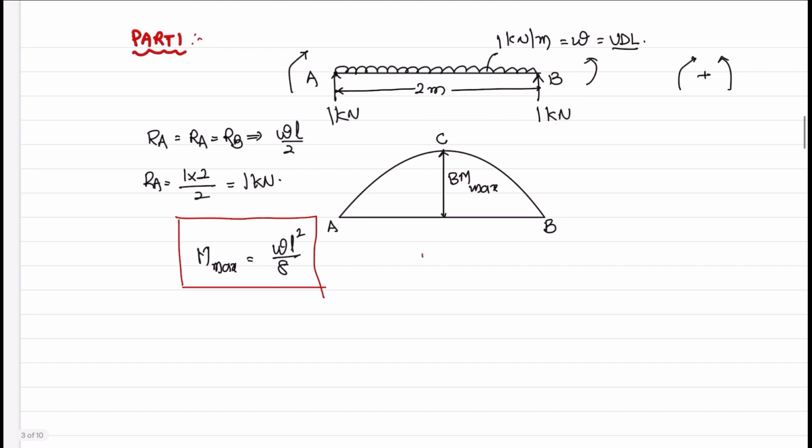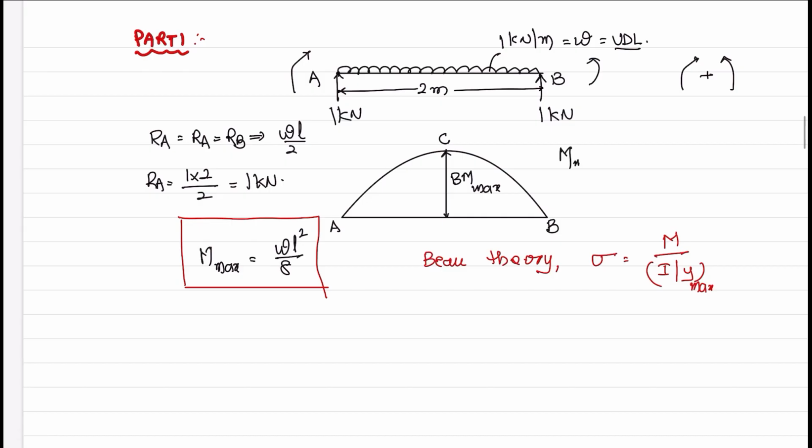From beam theory, sigma, the bending stress, is equal to M by I by Y. To calculate I by Y, Y max we can say, we have already calculated M. What is the value of M?